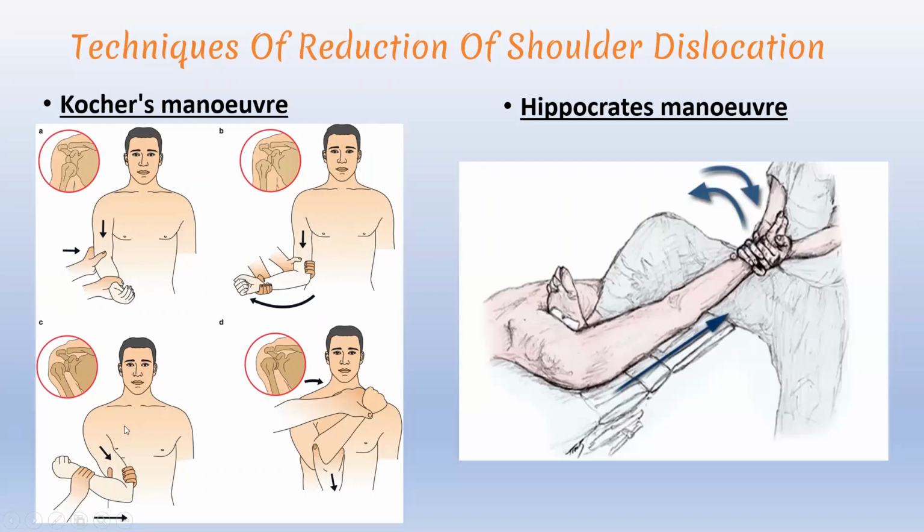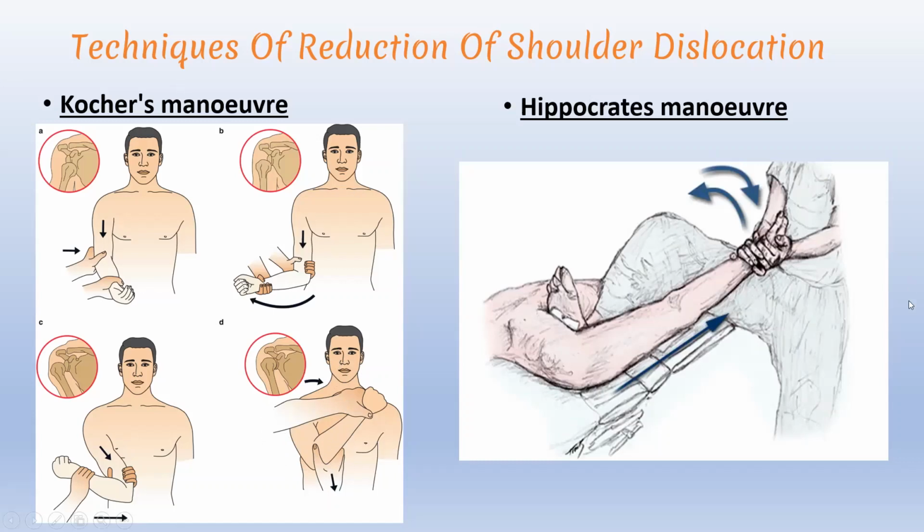The third one, adduction. The externally rotated arm is adducted by carrying the elbow across the body towards the midline. And the fourth one is internal rotation. The arm is rotated internally so that the hand falls across the opposite shoulder. This is known as Kocher's maneuver.